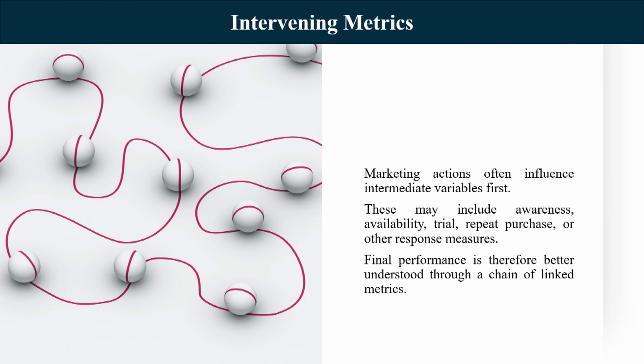It can be dependent on whether there is an opportunity for trying the product or not, right. So, in a way your performance metrics are dependent on the intermediary metrics, and that is why intervening metrics are important. Final performance is therefore better understood through a chain of linked metrics.